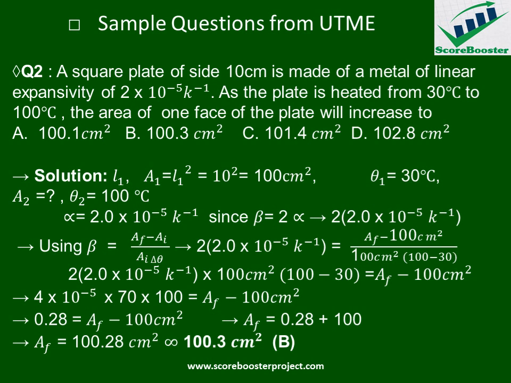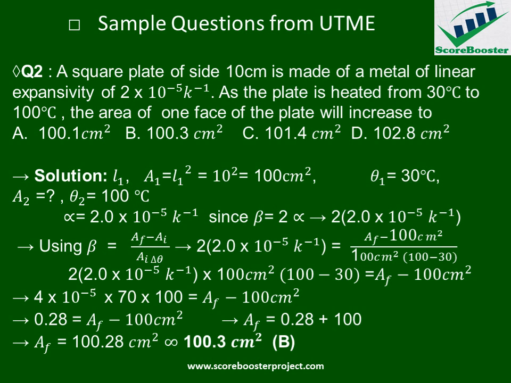Now, as usual, we can calculate our area expansivity from the linear expansivity by multiplying it by 2. We have to recall that we said area or superficial expansivity equals 2 times linear expansivity. Therefore, beta equals 2 times alpha. So our area expansivity in this case will be 2 into 2.0 times 10 raised to the power minus 5 per Kelvin.